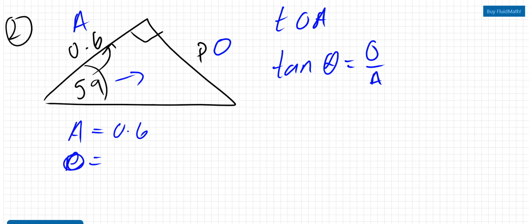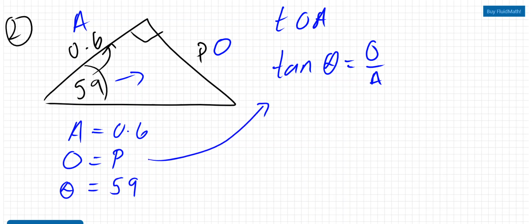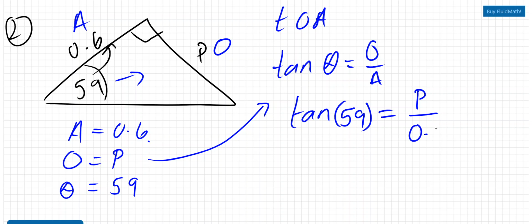My O for opposite is equal to P, and my angle is 59. And sub all of those values into this. So tan, the angle is 59 degrees. I'll put brackets because that's how we're putting it into my calculator. Is equal to opposite, which is P, over my adjacent, which is 0.6.